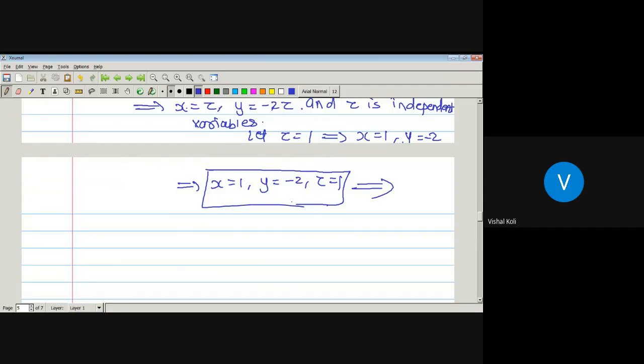It means this is a non-trivial solution of the given system, since it is a solution other than 0. Here we have found the solution by using the row reduced and column reduced echelon form.